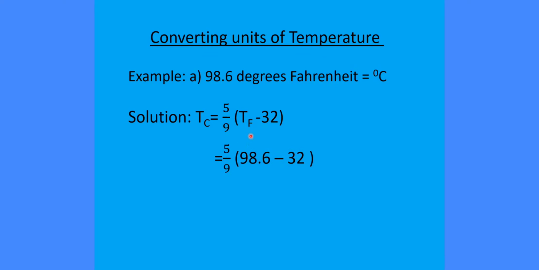From the formula, we will substitute the given value for degrees Fahrenheit, which is 98.6. Then the difference of these two is 66.6. Then this one will be multiplied by 5. Then the result after multiplying these two will be divided by 9. So this is now the result, 37 degrees Celsius.